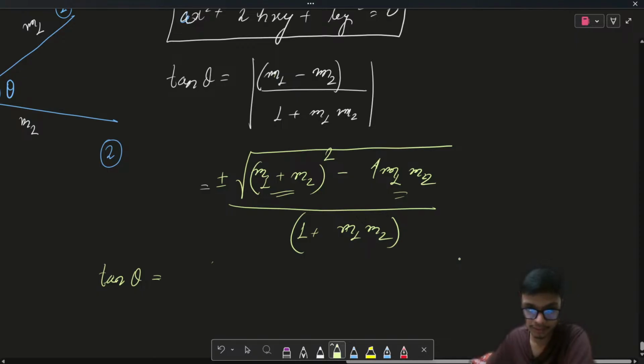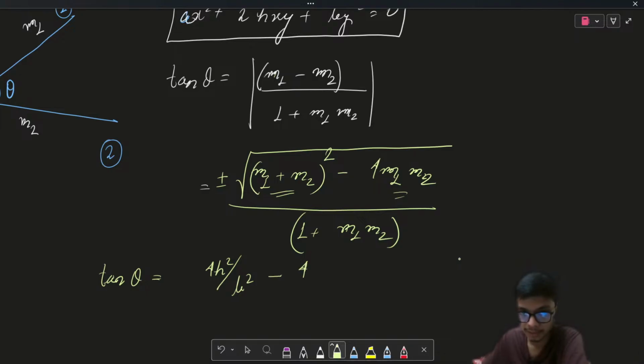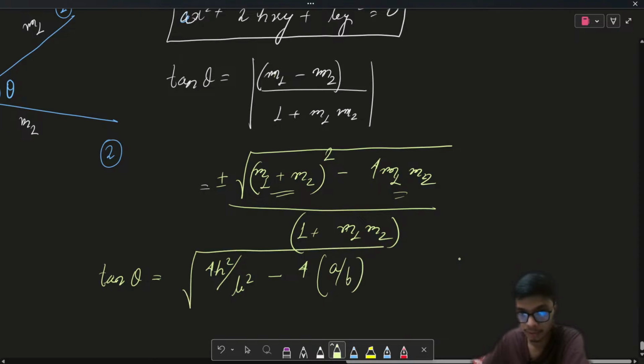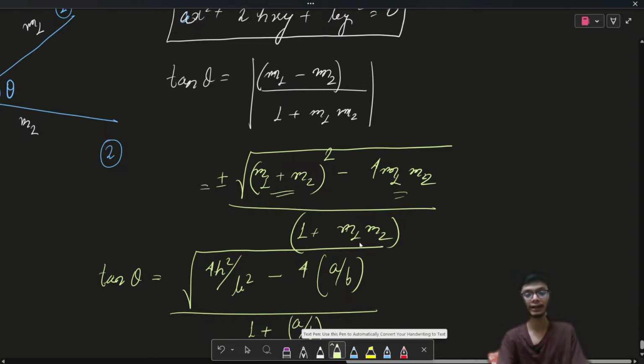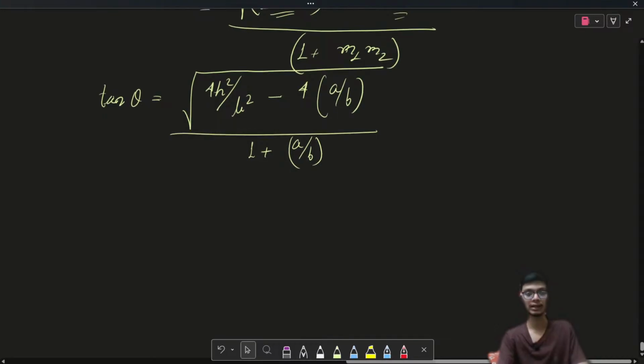It is going to come out as the square root of minus of 2h by b, then whole square of it, so 4h square by b square, minus 4 times m1 m2, which is a upon b, and the whole divided by 1 plus a upon b, right?